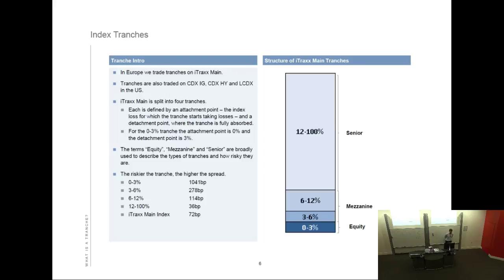On a junior mezzanine tranche, you would earn roughly 2 to 3 percent running. On the senior mezz, you would earn 114 basis points, and on the super senior, roughly half of the index spread, 36. Okay, so on all of these tranches, you earn more than on the index, except for the super senior, where you happen to earn half.